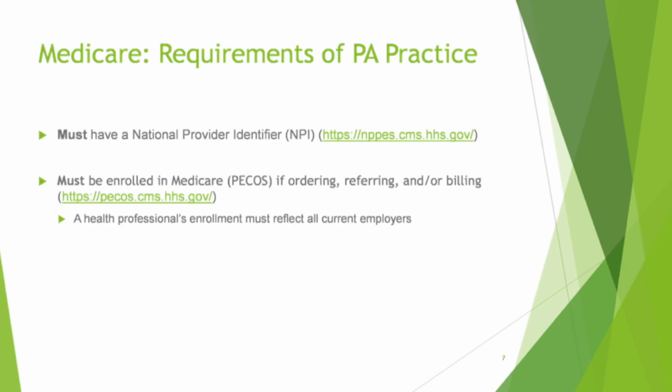This number allows a PA to order tests, refer, and/or bill for services rendered. It's important to note that PAs must enroll with Medicare with respect to every employer. Every time a PA gets a new job, he or she must enroll with Medicare. If he or she has more than one job, he or she must enroll with Medicare with respect to each employer. The NPI number is unique to every clinician.